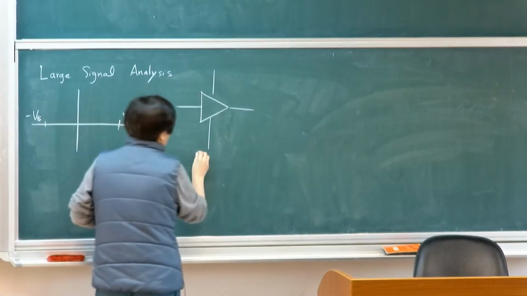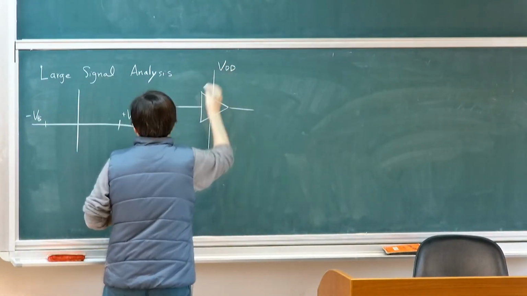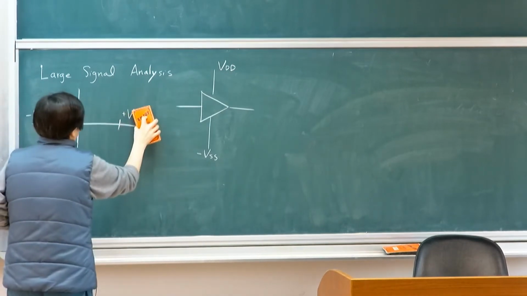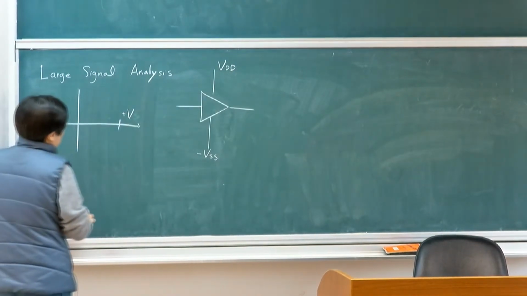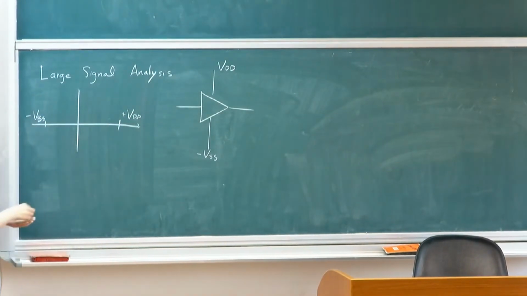Typically, the most negative voltage is referred to as VSS and the most positive as VDD. So VSS will be the most negative voltage, and VDD will be the most positive voltage.